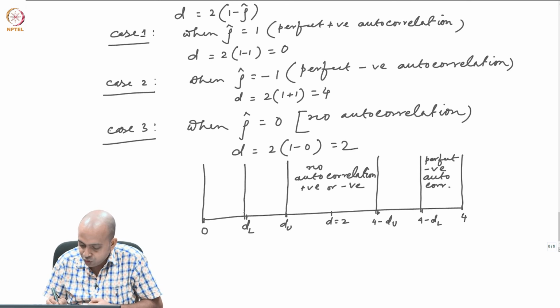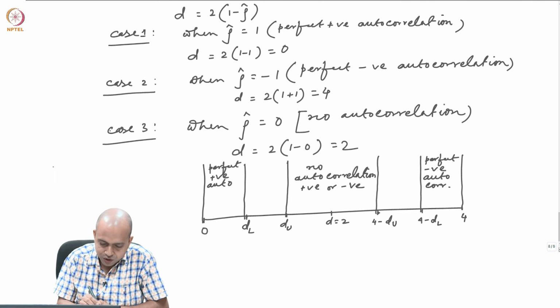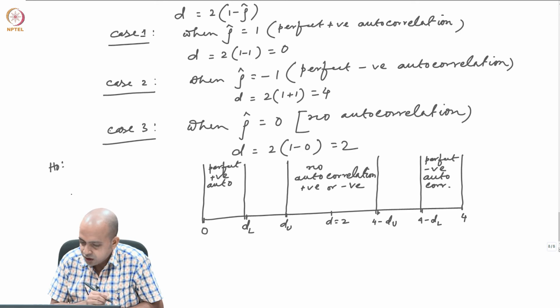And when the value lies below DL, that means when it is tending towards 0, then it says perfect positive autocorrelation. So, that means if you write your H naught, the null hypothesis is basically the presence of autocorrelation.